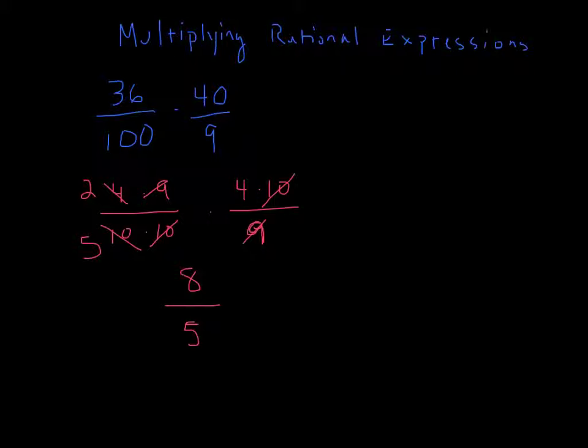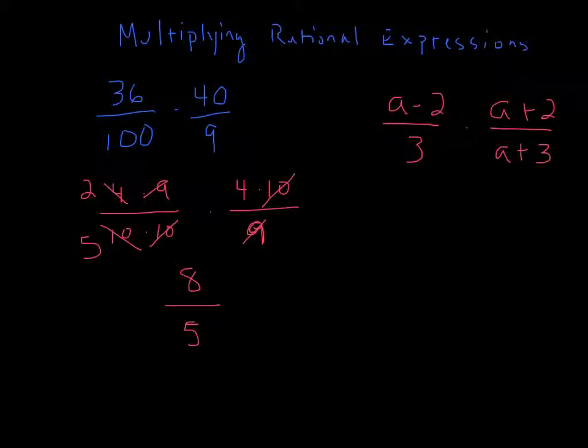Now here's the deal. When you're talking about multiplying rational expressions, okay, it's the same thing. You're going to break down any factors that you can. Whoops, that's not 8 plus 2, that's 8 plus 3. Okay, and then you're going to reduce if you possibly can. Now in this case we can't.